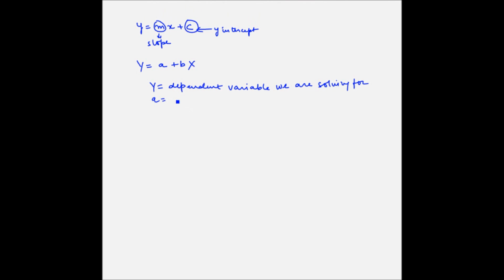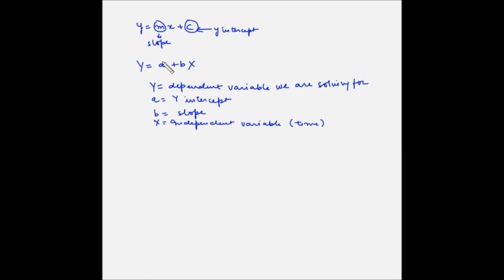A is equal to the y-intercept, B is the slope, and X is the independent variable, which in this case is time.